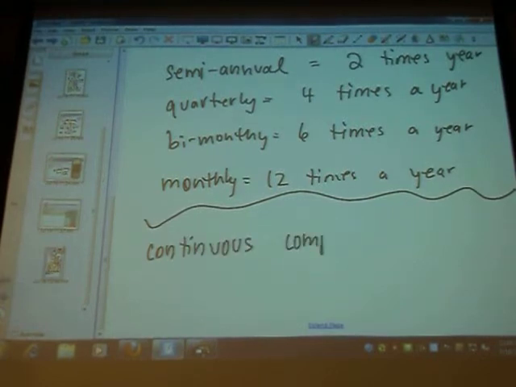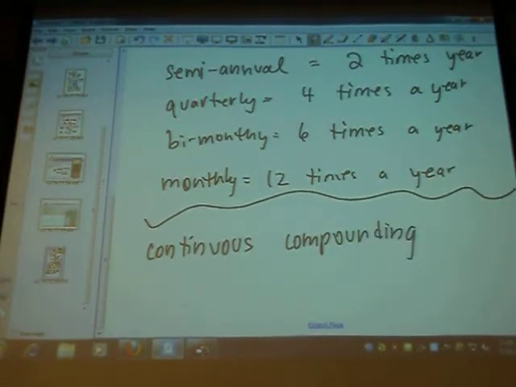That would be daily. Continuous is infinite compounding. They compound all the time. Now, does that equal infinite money? Unfortunately, it does not. It's just all the time. But that sounds great, who wouldn't want to do that? No, it doesn't work like that, unfortunately.